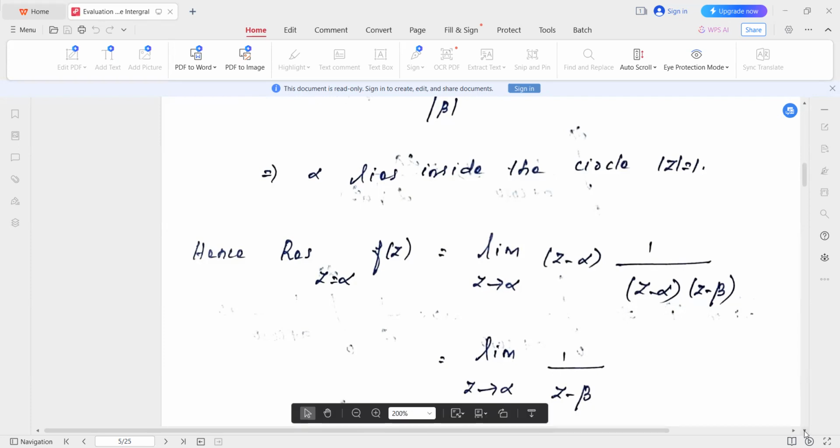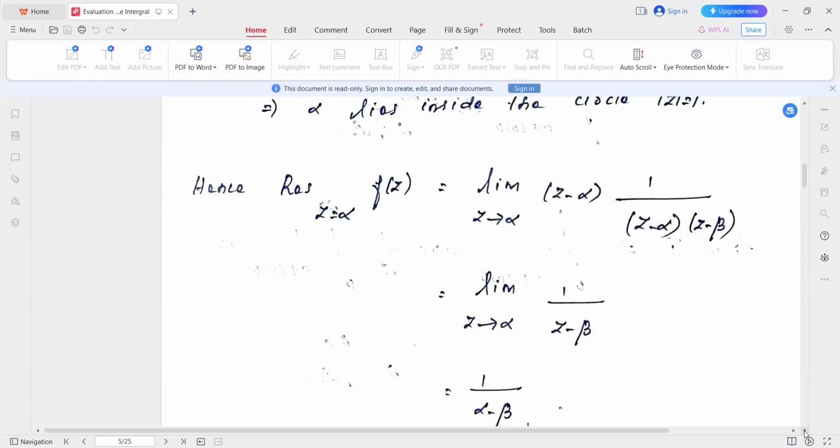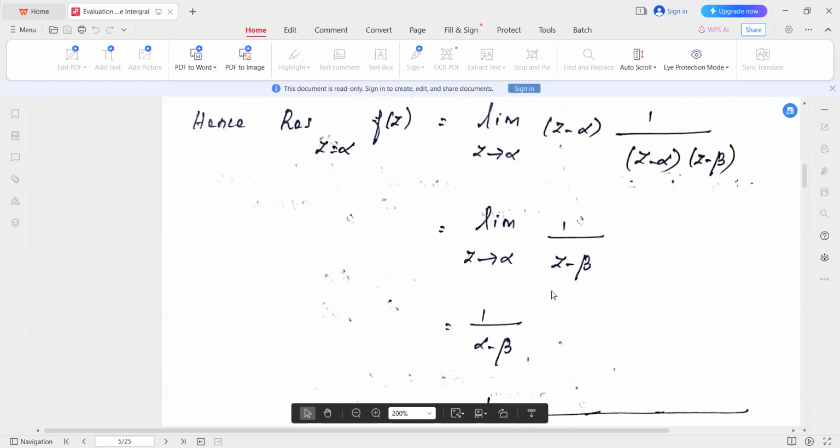Okay. So since alpha is a simple pole, the residue of f of z at the pole alpha is equal to, by definition, limit z tends to alpha of z minus alpha into 1 by z minus alpha into z minus beta. The z minus alpha will get cancelled. So we get limit z tends to alpha of 1 by z minus beta.